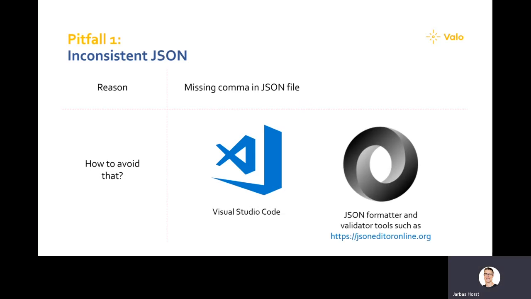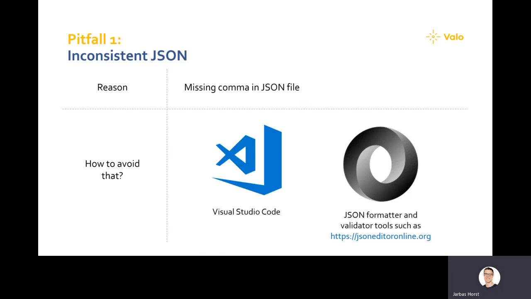So an option is to use a website like this. For instance, you could copy your JSON, you could put that inside a validator tool and check if the content of your JSON is valid or not. And that helps you also troubleshooting an inconsistent JSON file.